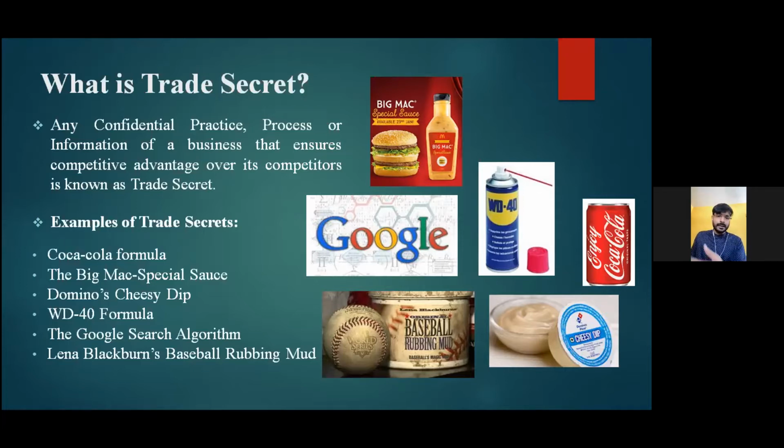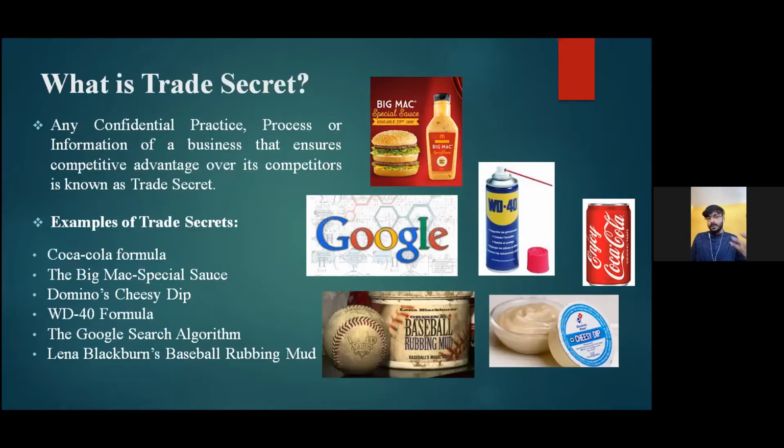Other than that, Domino's cheese dip is very new. Hardly 6-7 years have passed in its manufacturing, but the recipe has been preserved by the company as a trade secret. Then there is WD-40's formula, this bottle you can see here, which has a unique kind of chemical glue that can be applied on certain kinds of products.